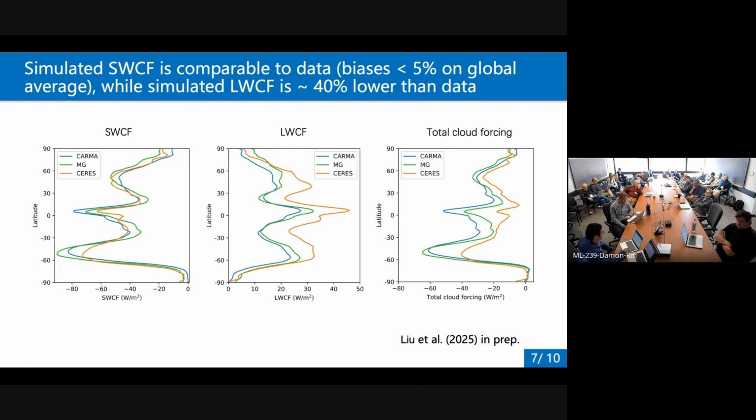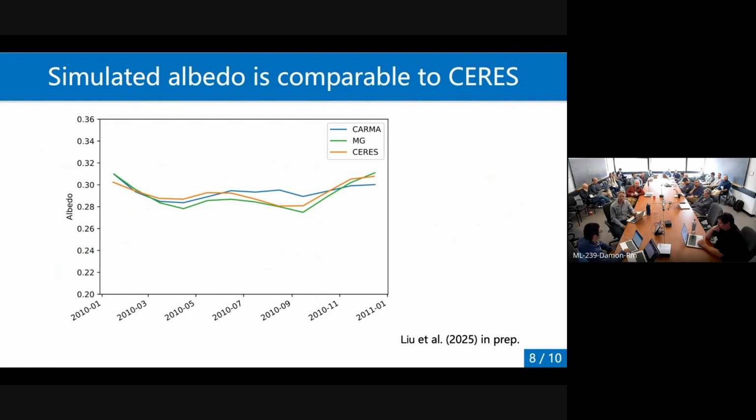This is mainly because we lack enough high clouds in the model. The high cloud is not high enough, or we don't have enough ice water path or ice water content. And similarly for the total cloud forcing, which is mainly due to the biases in the longwave cloud forcing. Simulated albedo is comparable to the data.